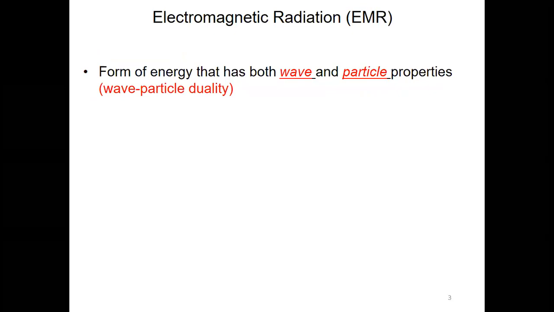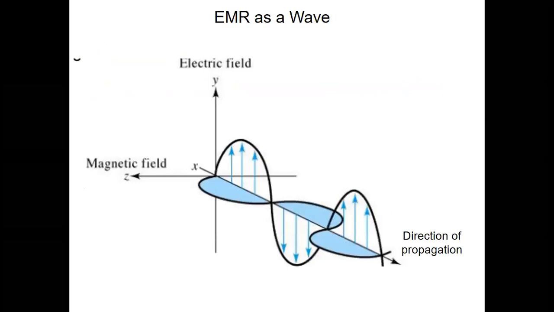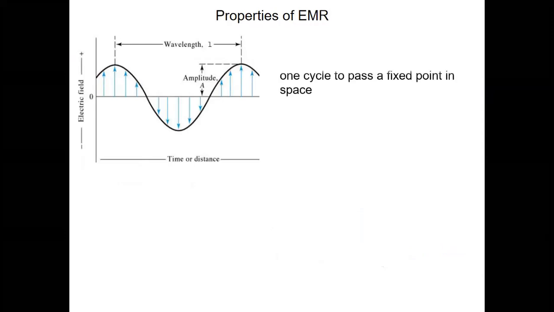So we talked about what spectroscopy and spectrometric methods are, and also electromagnetic radiation. We talked about how electromagnetic radiation has both wave and particle properties, how it behaves when it passes through vacuum, and how it acts as a wave, and its properties.